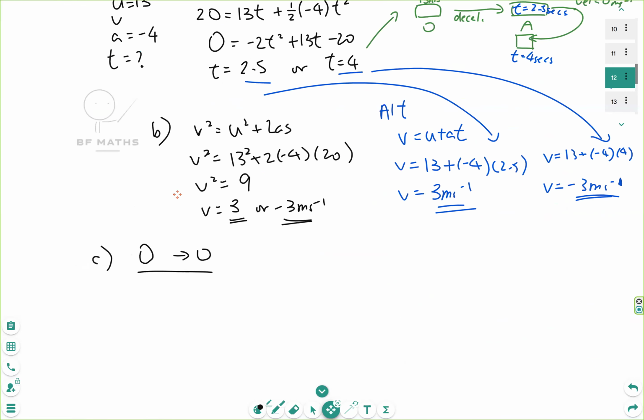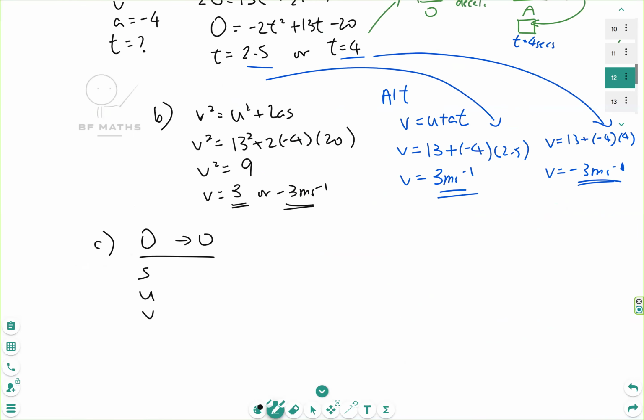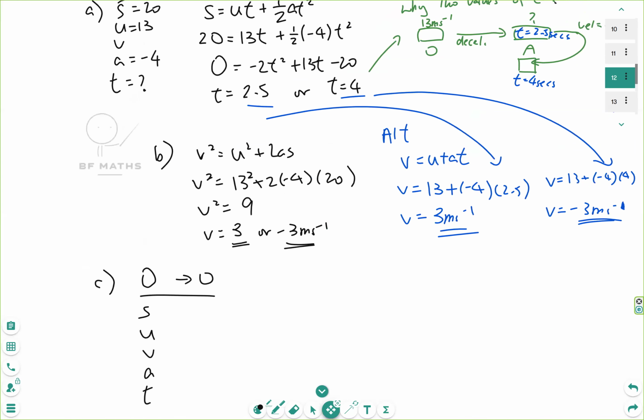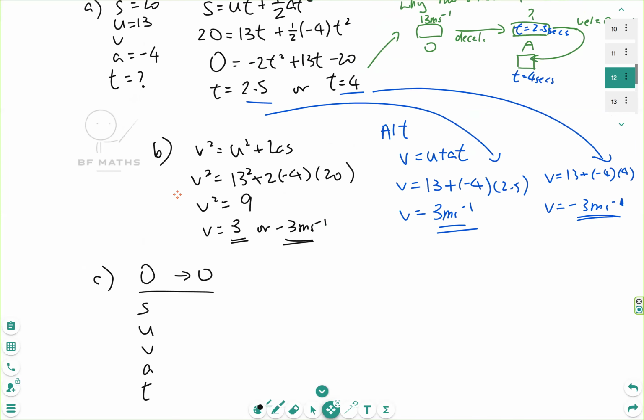to O. Okay, how do we do that? So SUVAT. S. Remember that example I told you about when I leave home for McDonald's and then come back home, and even though I was told off by mom, my argument was that my displacement was 0. So from O to O, displacement is 0.